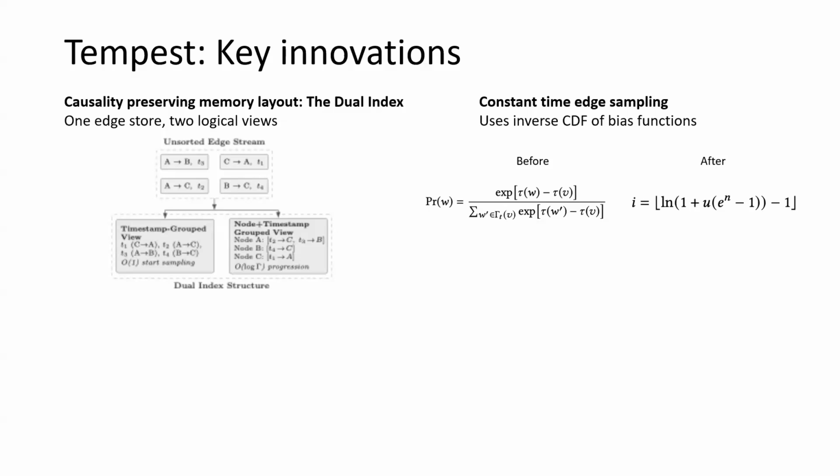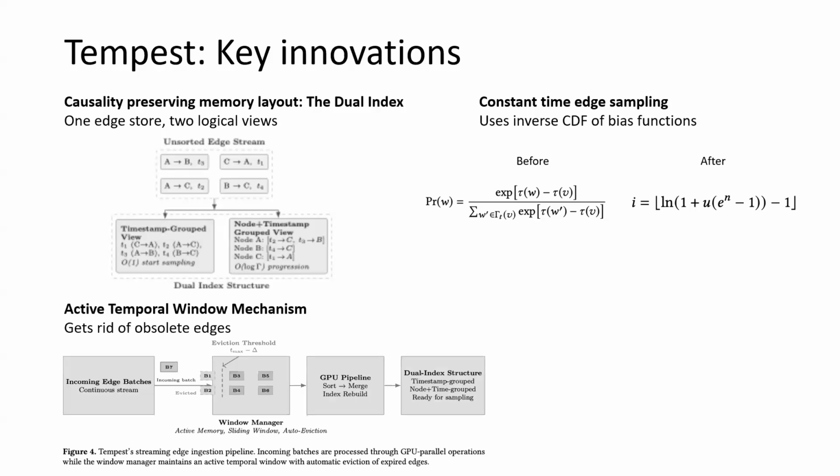Then we have constant-time edge sampling functions, where the original ones require enumeration over the temporal neighborhood of a node. With some assumptions, which most of the time hold true, we convert it to a constant-time sampling function. Then we added a temporal window mechanism, so we don't hold the whole dataset in memory. Rather, we process data as streams, and we get rid of data once it is past the size of a temporal window duration defined by delta.